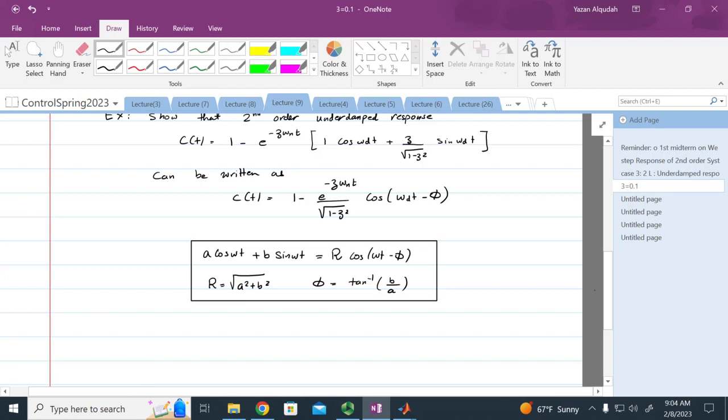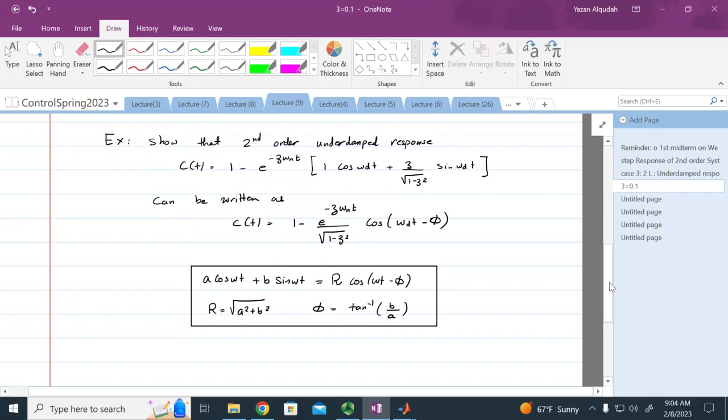What are my a and b? So this is my a, and this is my b. So I can take this a, which is a 1 cosine, plus b sine, and use this identity to write it as a single cosine.